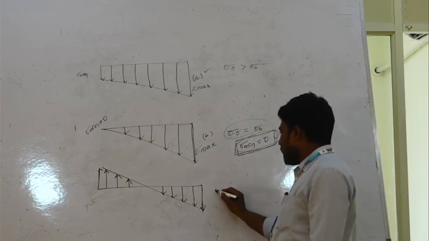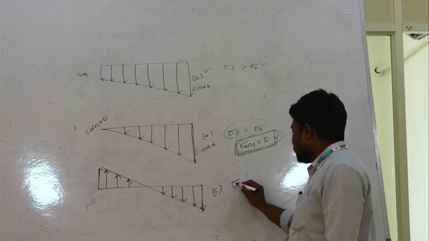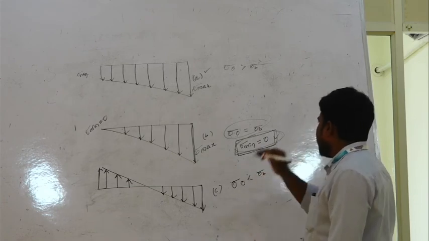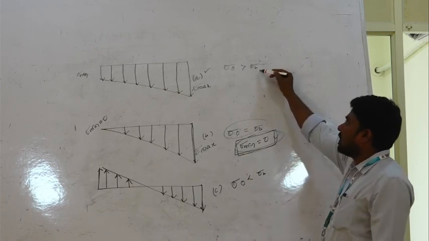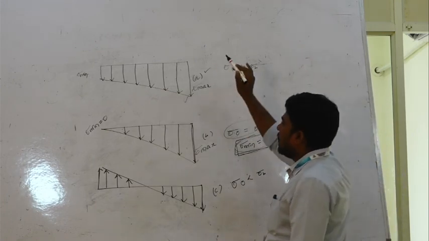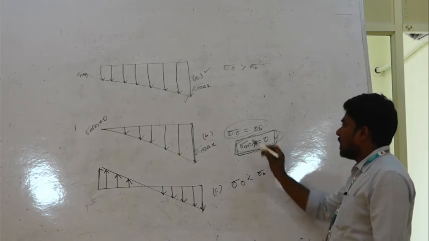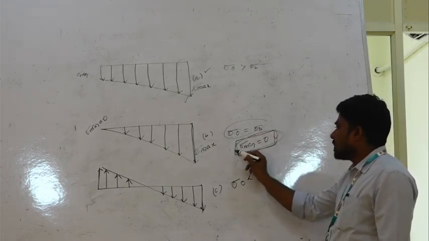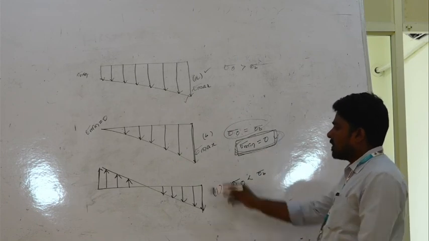The next, third condition: sigma naught less than sigma B. Where sigma naught is greater than sigma B, it produces the same nature of stresses. Where sigma naught equals sigma B, it produces sigma minimum equal to 0, the same nature.